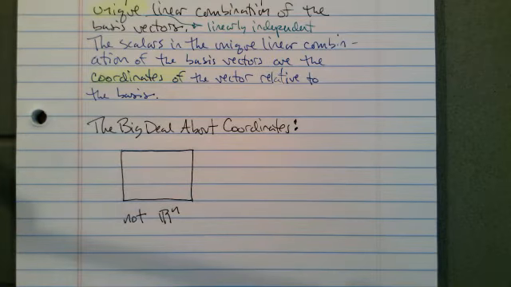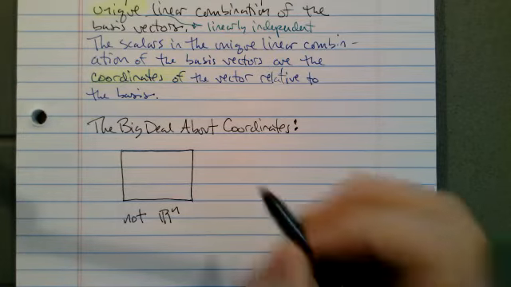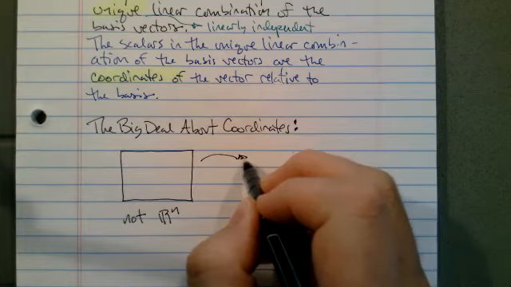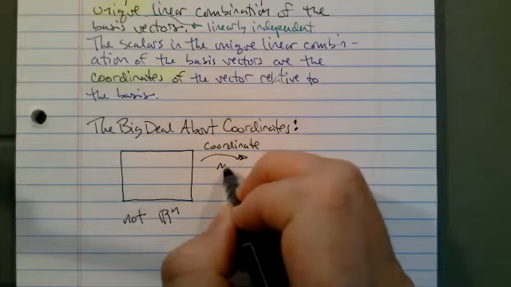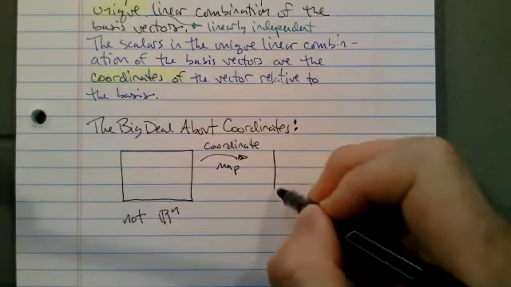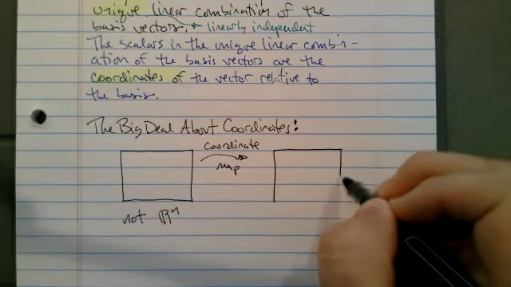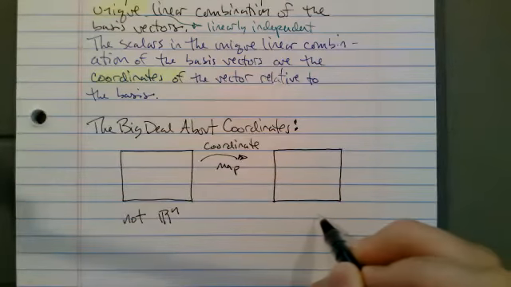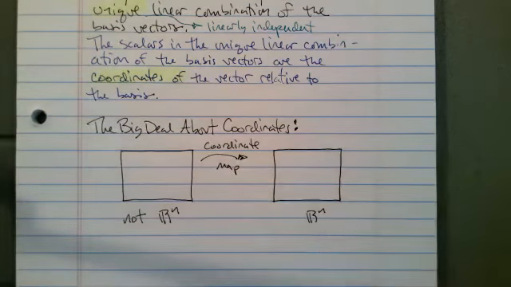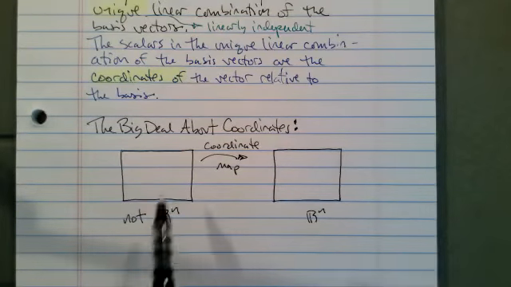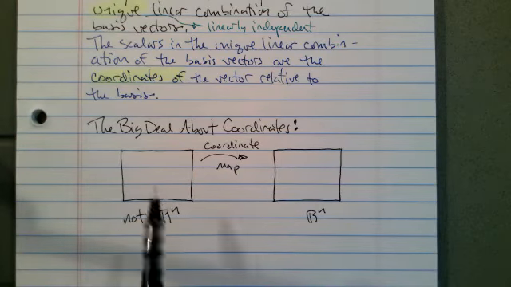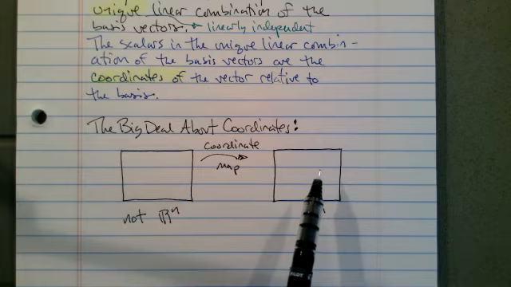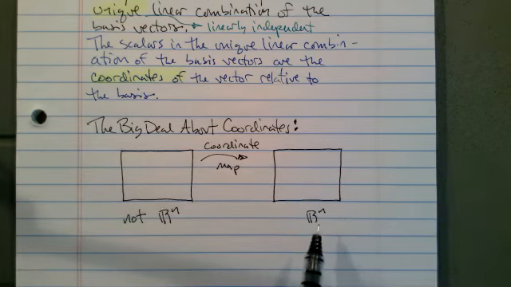We start with a vector space that's not Rn, and then we implement a coordinate map. And all of a sudden, our vector space just looks like Rn. So this is what we're trying to go for. We're trying to take a vector space that is not just vectors in Rn, not just columns of numbers, and use a coordinate map to get ourselves to Rn.